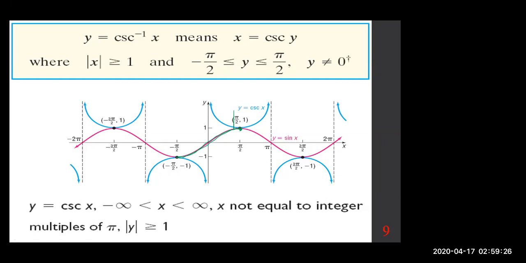Here's the restriction on the sine. So here's the portion corresponding to cosecant, just as an example.